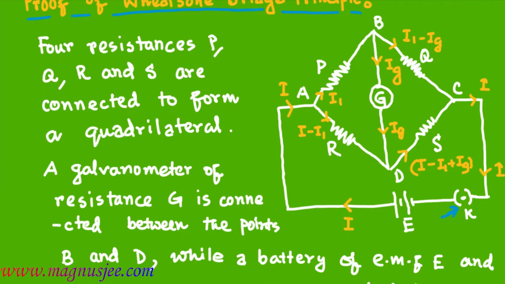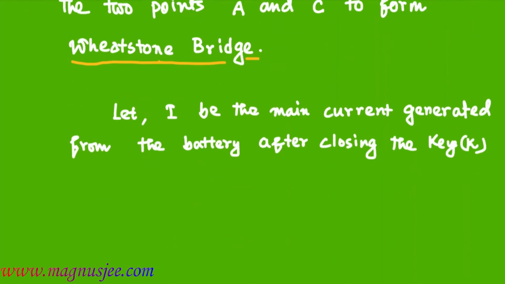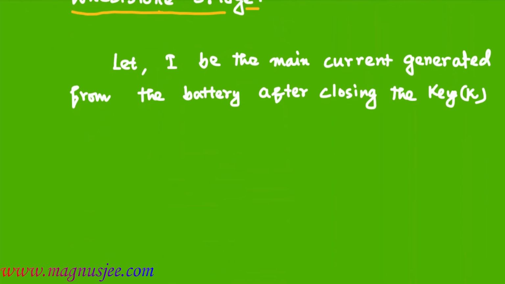Now, if the plug is inserted in the key K, the circuit will be closed and I amount of current will be flowing in this way from the battery.